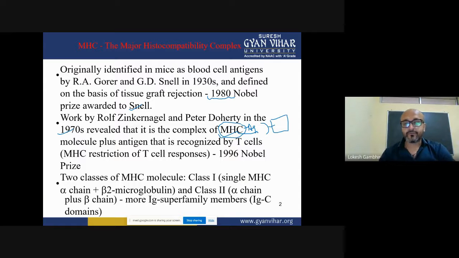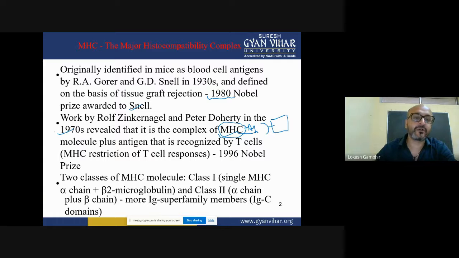So Rolf and Peter were the scientists who told us that MHC is involved in presentation, and the MHC molecule conjugated with the peptide is the molecule recognized by T cells to elicit the immune response.